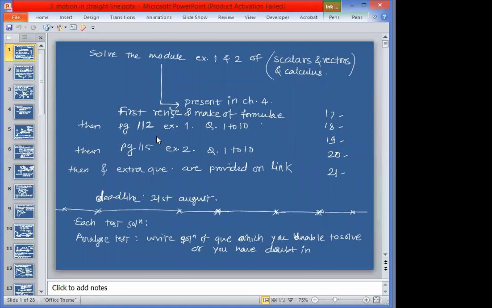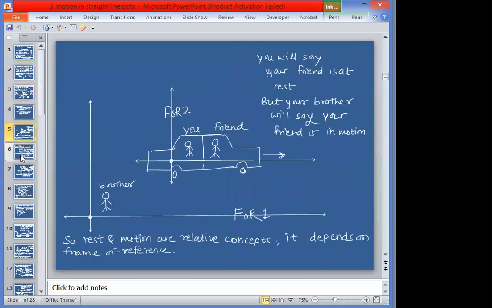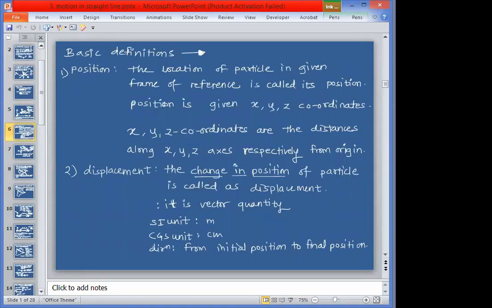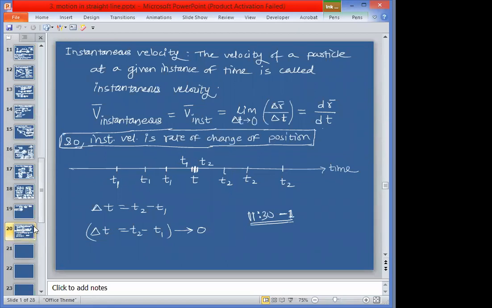Fine. So let's see what was the last point that we did. We were at instantaneous velocity. What is instantaneous velocity? That is very small displacement divided by very small change in time.